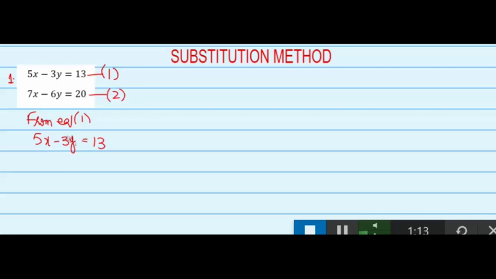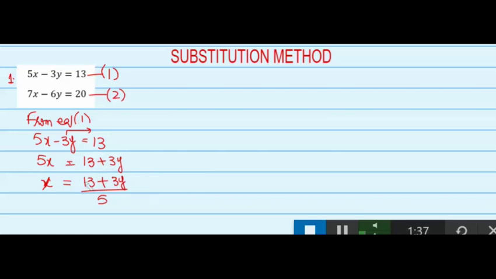First of all, I'll take this term negative 3y to the other side. It becomes 5x equals 13 plus 3y, right? Now I divide both sides by 5, so I get x is equal to (13 plus 3y) over 5. So now you can see that x is separated.